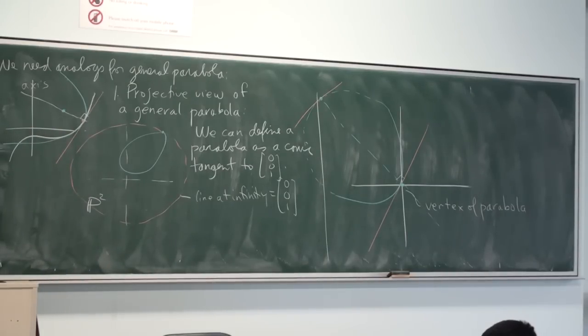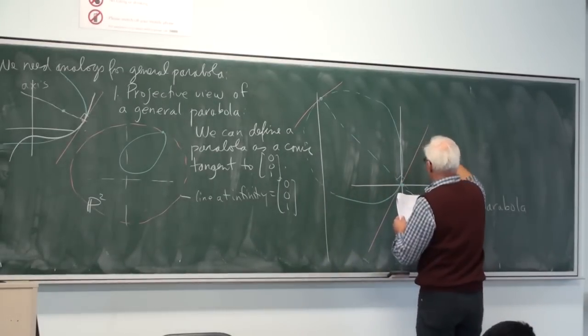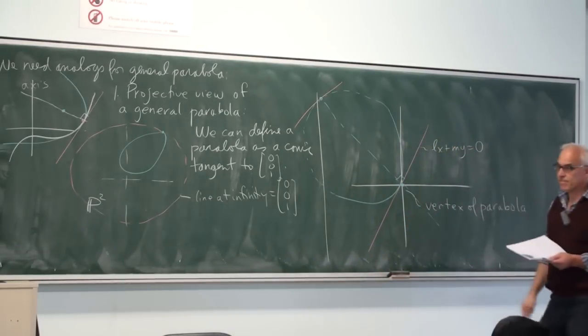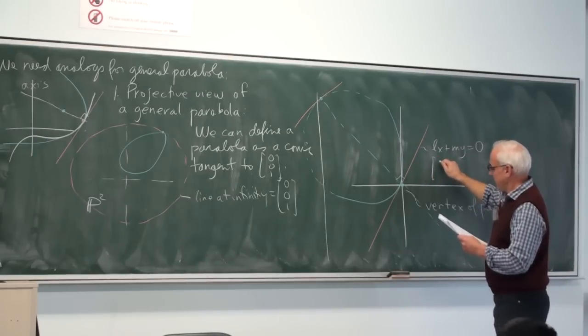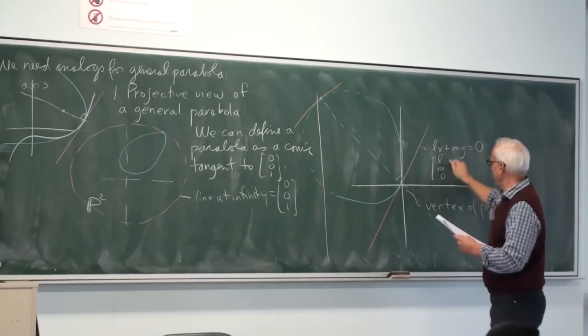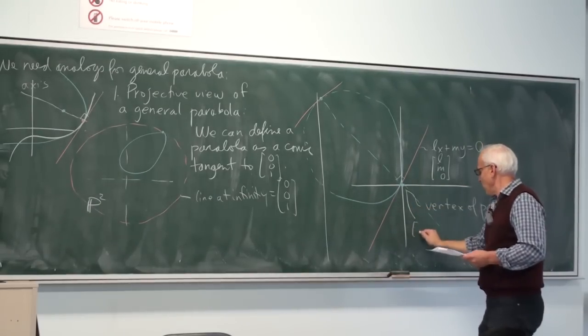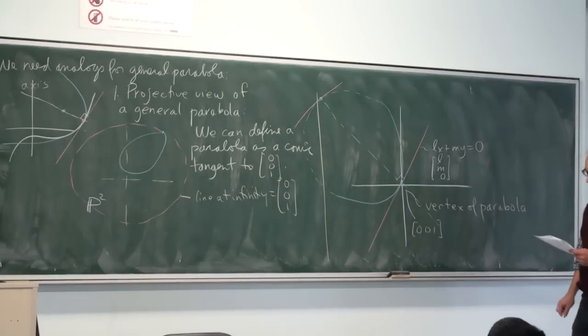So let's put some numbers to this. Let's suppose that this tangent line happens to be the line Lx plus My equals 0. Projectively, that's the line (L, M, 0). This point down here, the origin, is just the point with projective coordinates 0, 0, 1.